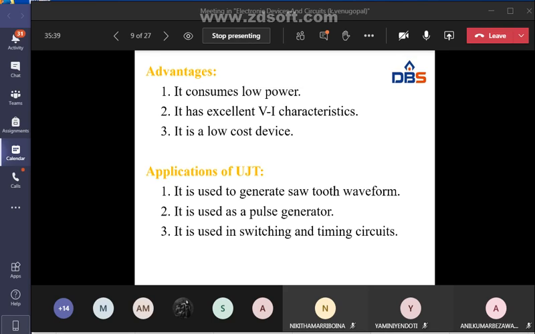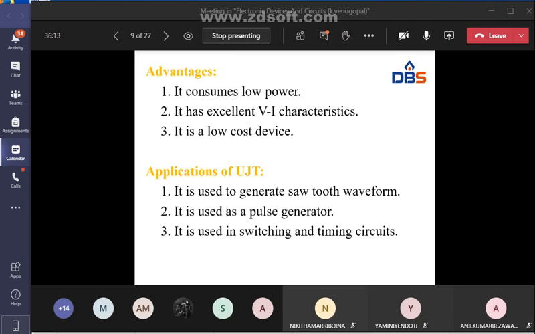Next, the advantages: it consumes low power, the cost is low, and it has excellent VI characteristics. The applications are: it is used to generate sawtooth waveform, as a pulse generator, and in switching and timing circuits.